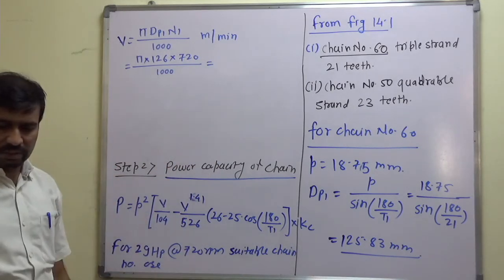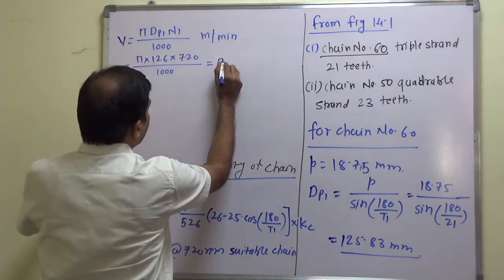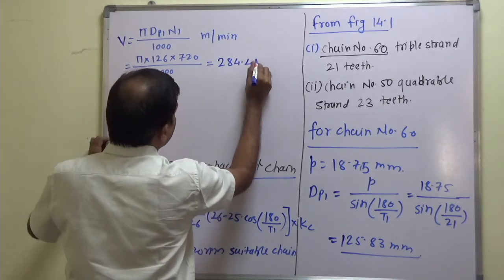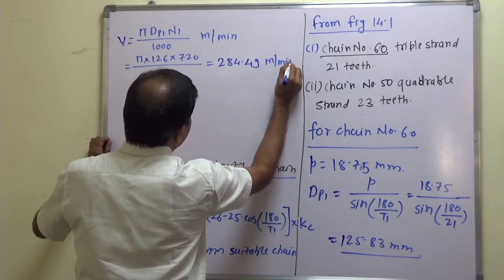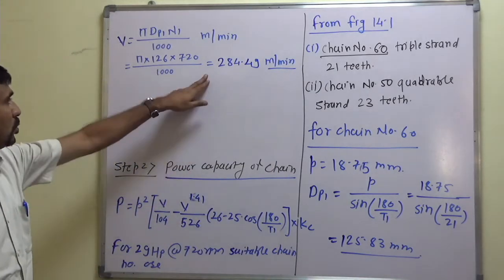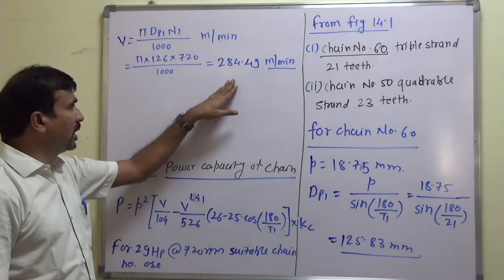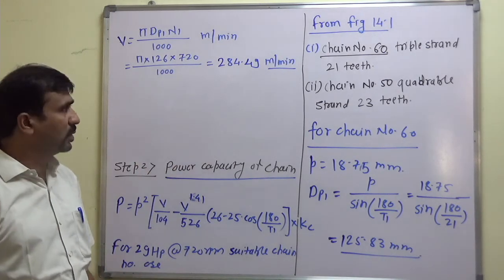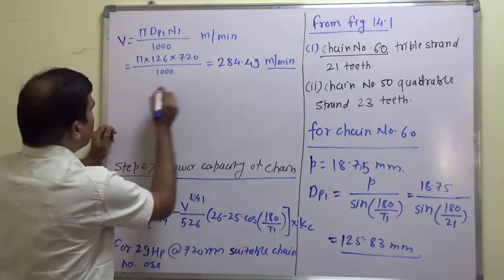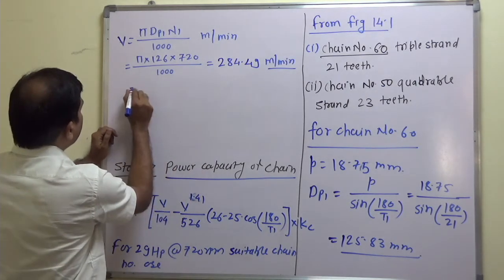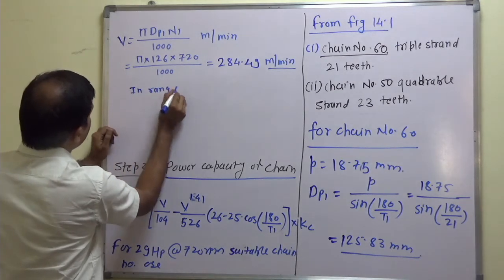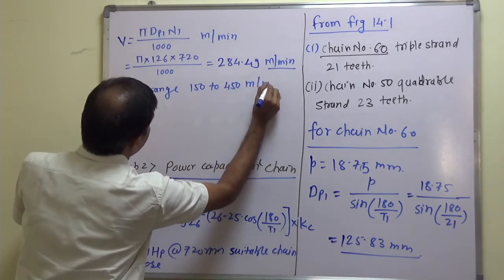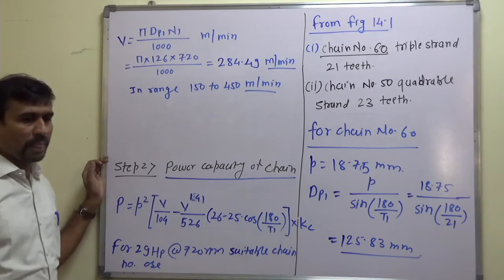So what you get is 284.49 meter per minute. This approximately you are getting. Whatever velocity you calculated in meter per minute is in the range, that is 150 to 450 meter per minute. Hence it is okay with reference to velocity.